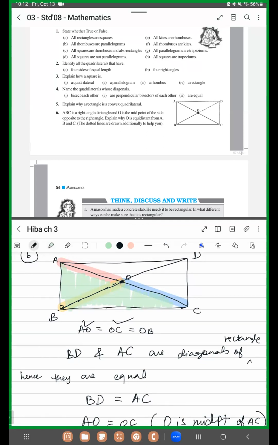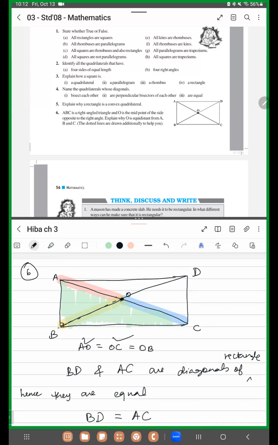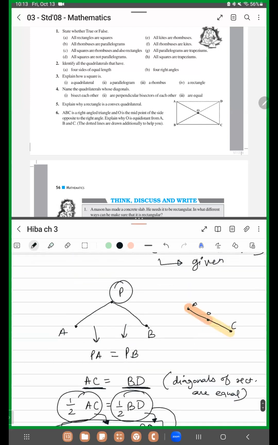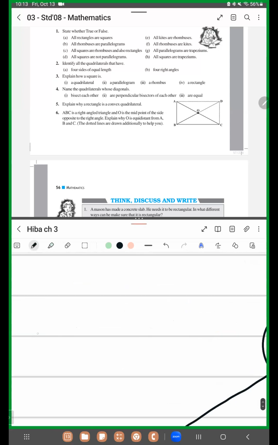So they are telling you that AO is equal to OC. This is already given. Now you have to tell why O is equidistant. Equidistant means, for example, let's say this is your home and this is your school.